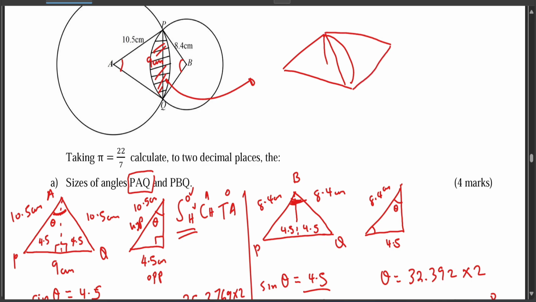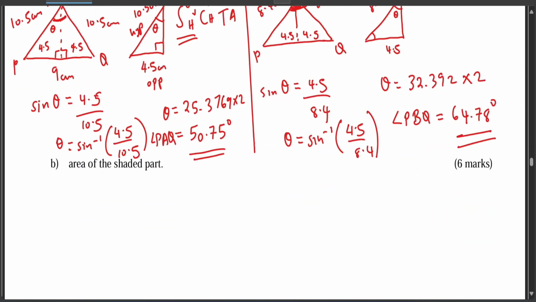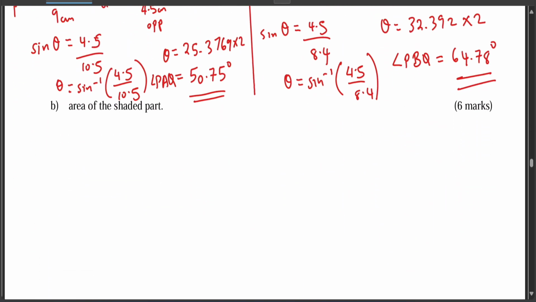So if you take the area of the sector minus the area of the triangle, it gives you this. And on the other side, also taking the area of that sector minus the area of the triangle, it also gives you that one. So basically, those are called segments.